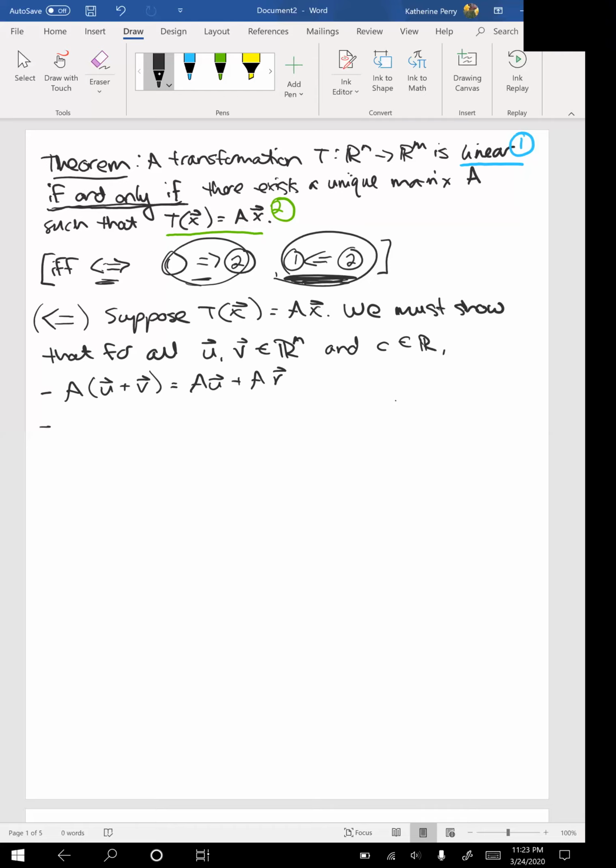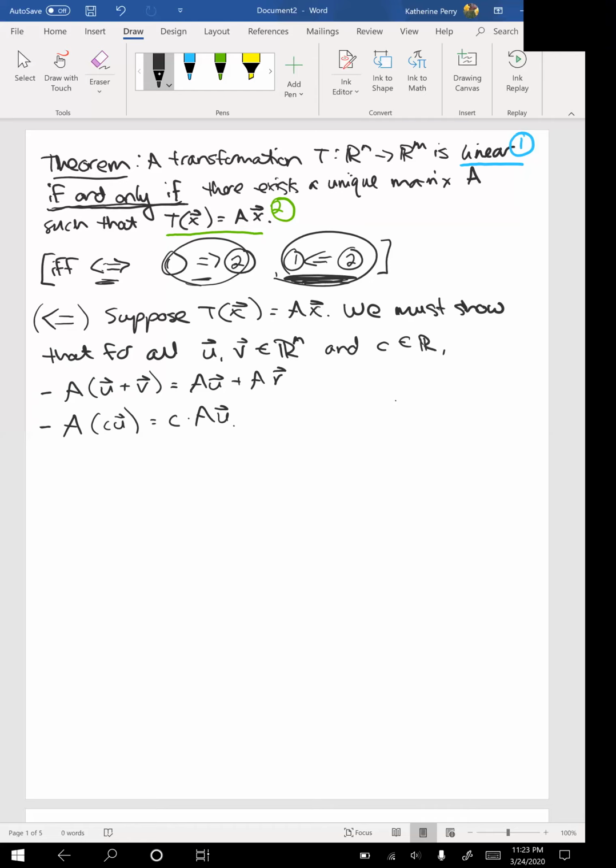And property 2, I need to show that A times some constant times my vector is equal to that constant times A times my vector. And we've seen these two properties before with T's, but since we know T is equal to A times x, I can just go ahead and write it as matrix multiplication.